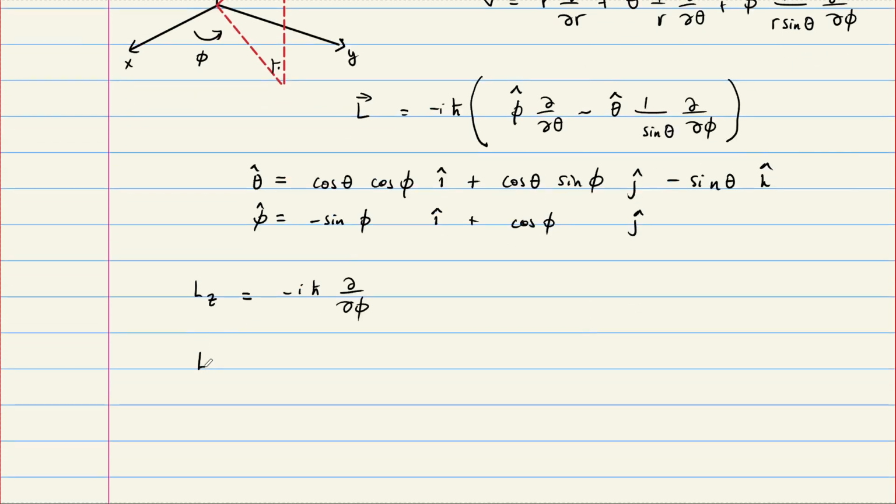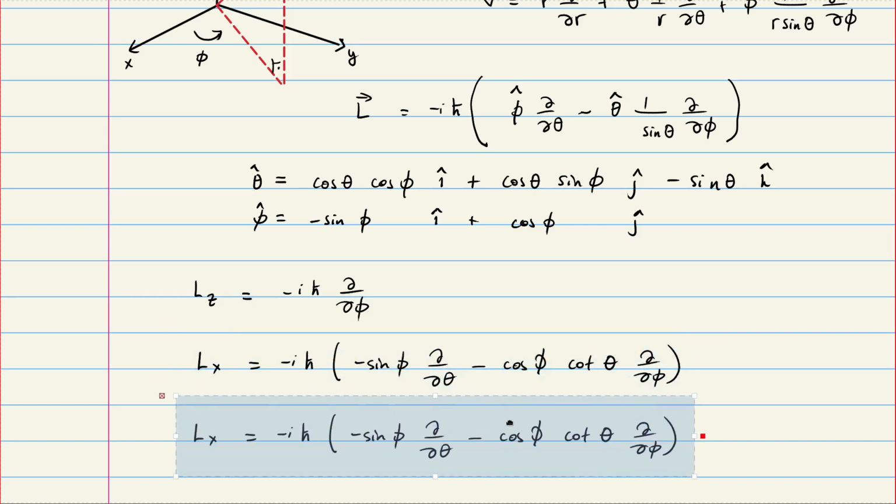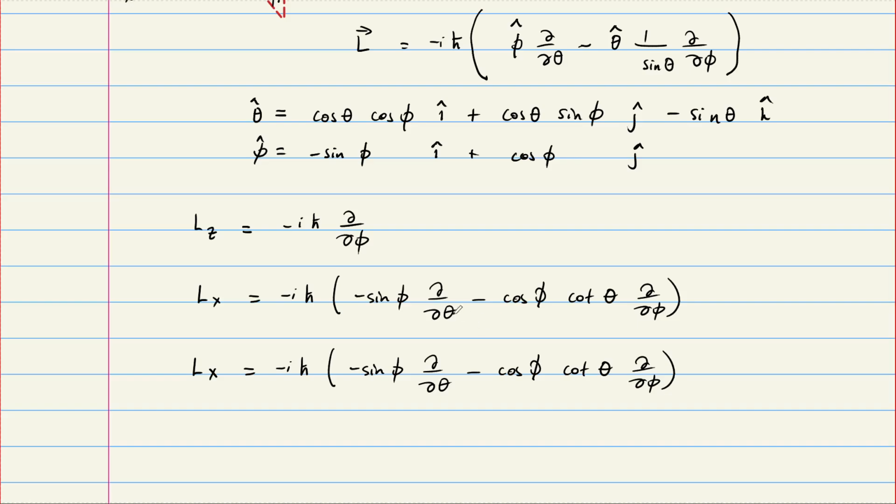And the others are like Lx, minus i h bar, minus sine phi del theta minus cosine phi cotangent theta del phi, and the other one is very similar to this one. So this is Lx, and this one is plus cosine theta. So this is cosine theta, and this one is minus. It's exactly the same. Good.